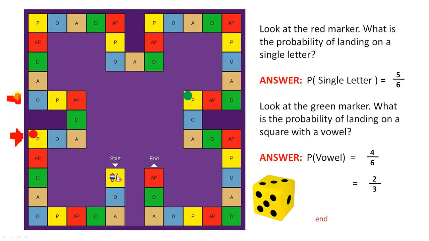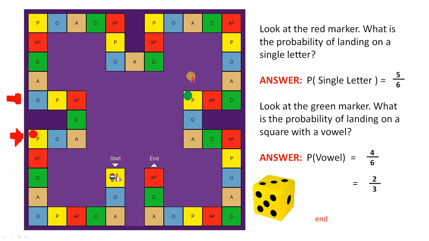On the O, I think that's the furthest we can go. 1, 2, 3, 4, 5, 6. That is correct. Now let's look at how many single letters there are. 1, 2, 3, not this one, 4, 5. There are 5 single letters. So the probability of landing on a single letter is 5 out of 6.